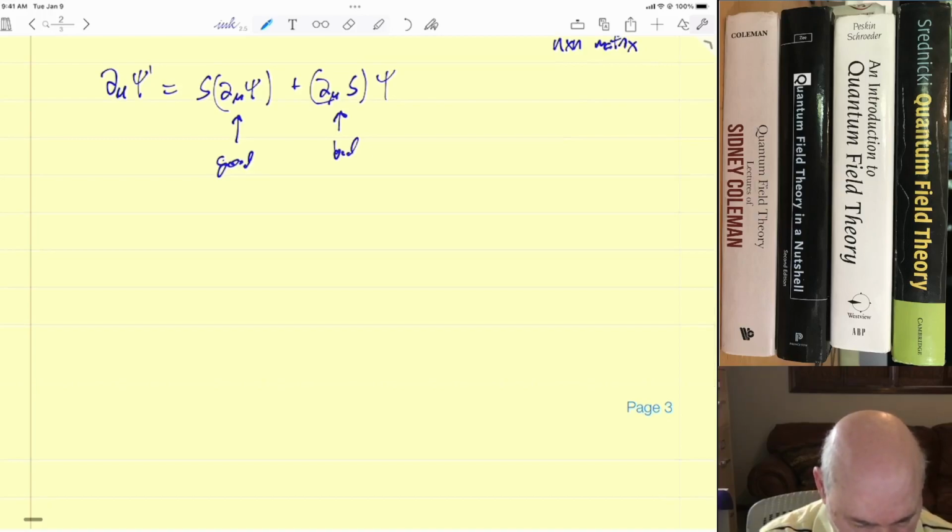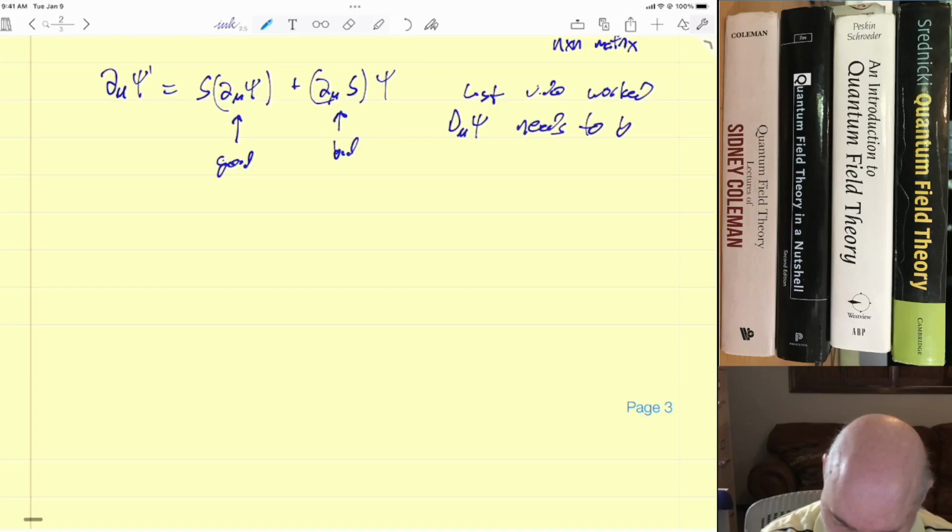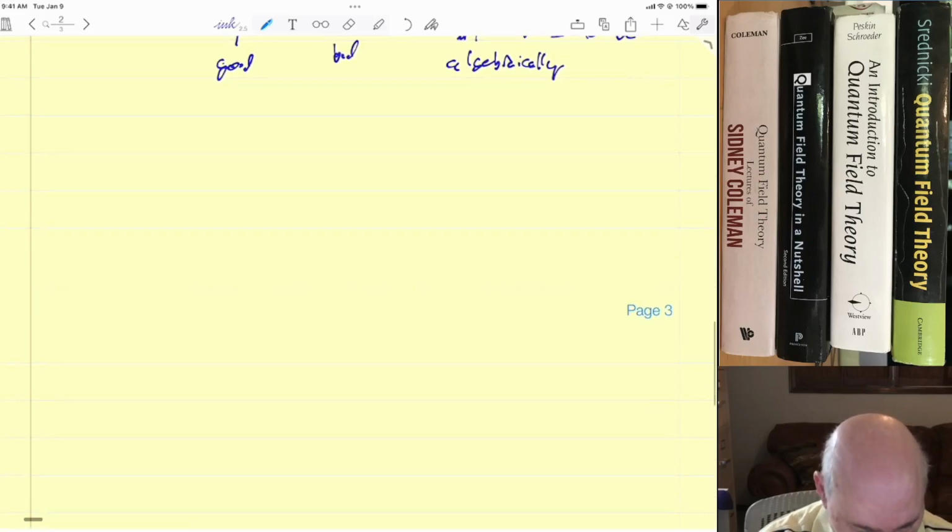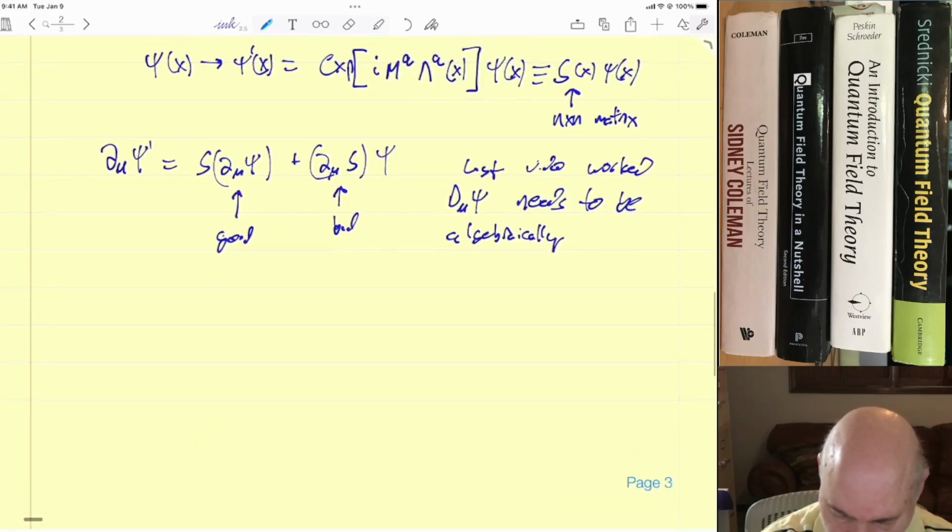And so what we do, we found the solution last time algebraically. We worked out what D mu psi needs to be, at least in some situation, algebraically. But now we want to take a more geometric approach. So what's happening here is that we have internal spaces like this. Let's call this internal space.